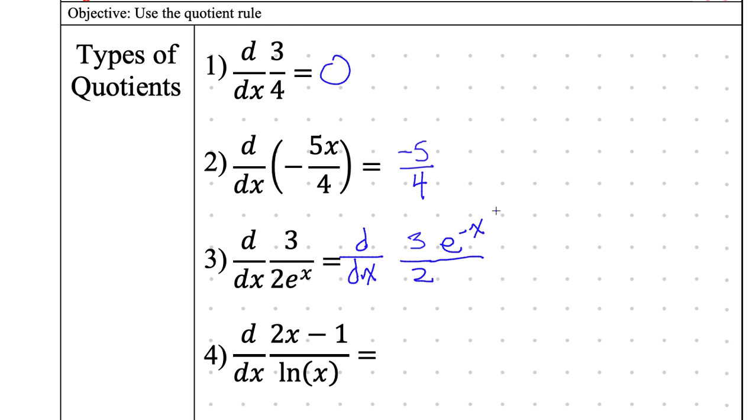Okay, now we can actually take the derivative. So the derivative of e to the x is still e to the x. Who wants to take the derivative for us?